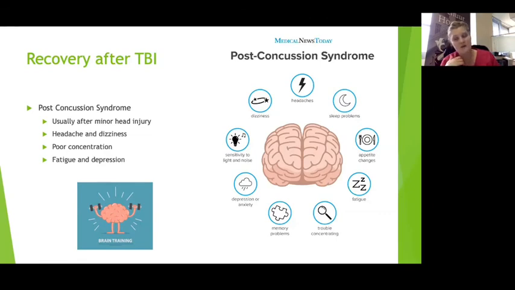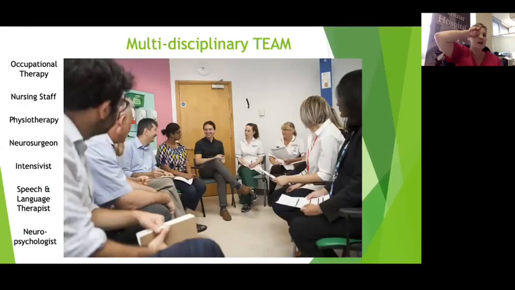Common symptoms, which can be quite debilitating, are very severe headaches, sleep disturbances, appetite changes, being easily fatigable, complaints of dizziness, photophobia, sensitivity to noise, depression and mood changes, memory problems, which is a big thing for people, and trouble with concentration. There are very good neurocognitive rehab programs that we have.